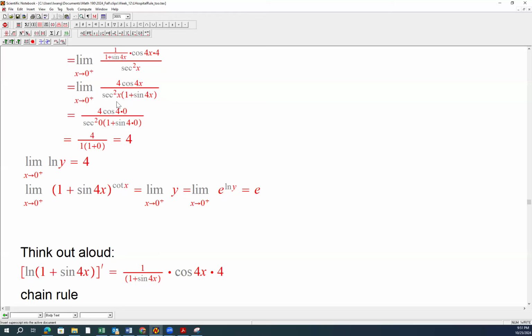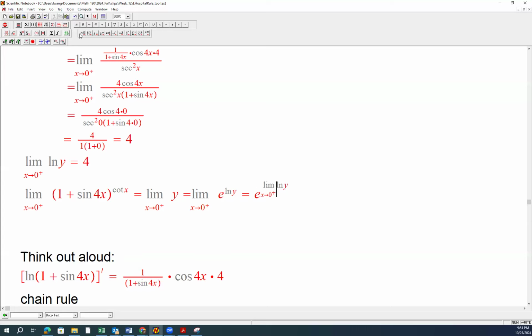So for e raised to the power of ln y, we can bring that limit across to the top because e is a continuous function. And finally, we use the result we got here, and that's going to be e raised to the power of 4.